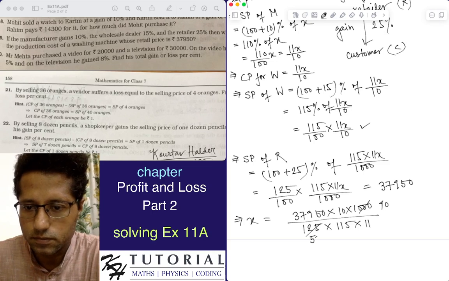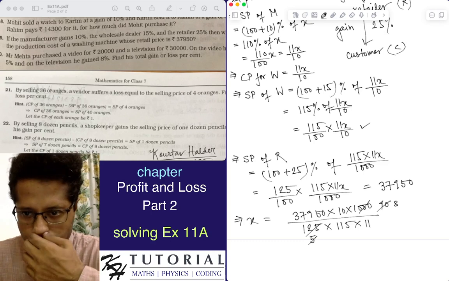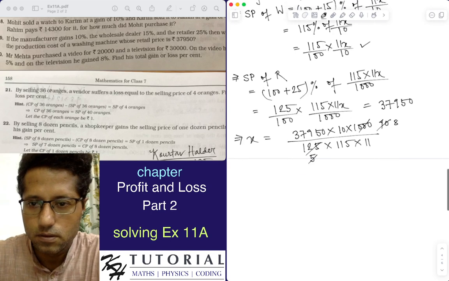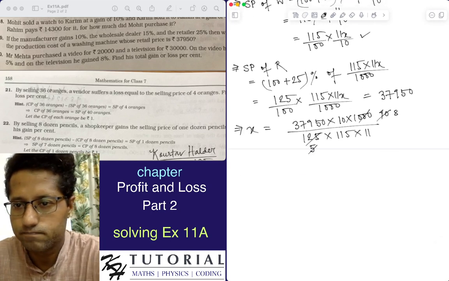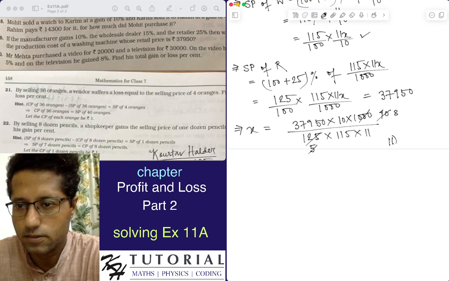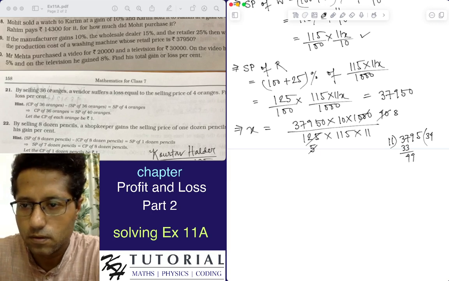Now this divides with 8. And let's see if 11 divides 37950 or not. 3, 33, 49, 4, 44, 55 and 5.